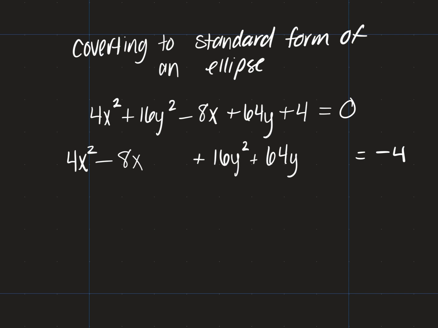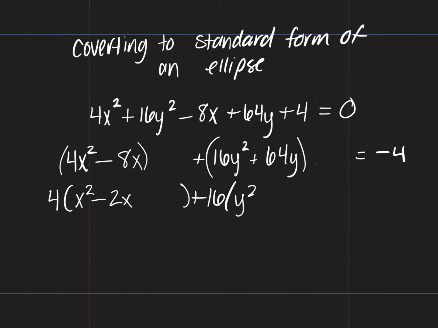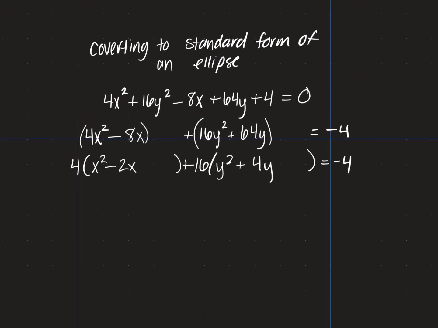Okay, so before we complete the square, we have to factor stuff out. On this first one, I'm going to take out a 4. On this one, I'm going to take out 16. Do you remember that part? Right, so you can't have anything in front of x squared and y squared.